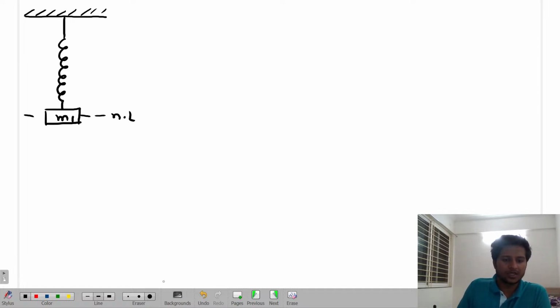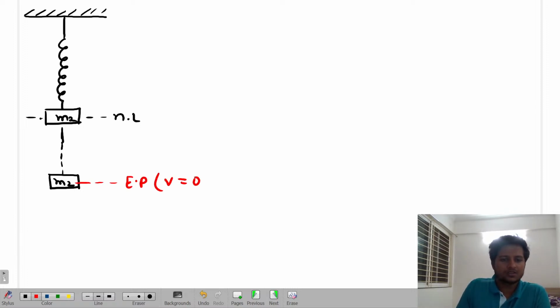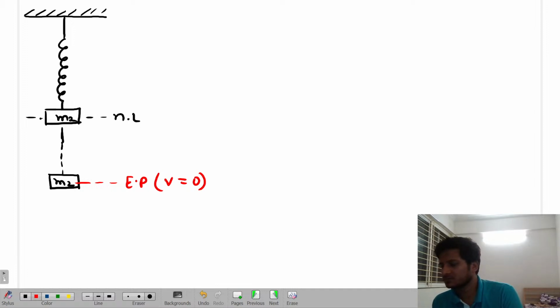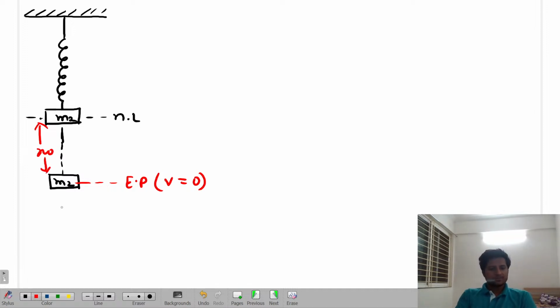The block expands, this spring expands, comes over here, and that is my initial expansion, but this is the equilibrium point, but with the velocity equal to how much? Is that clear? Let's suppose the expansion is x naught. So can I write kx naught equal to m2g?